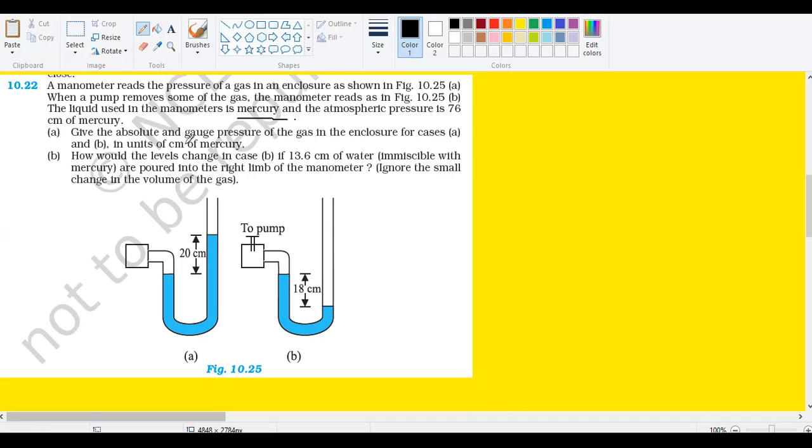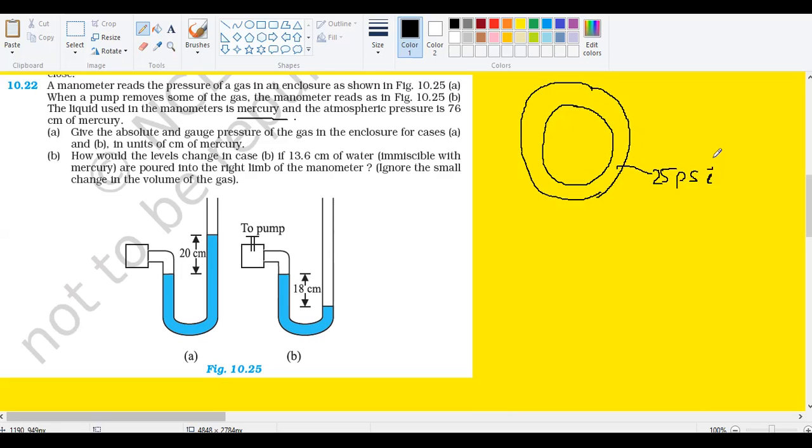You see, I was thinking this concept is not there, but it is actually there. So absolute and gauge pressures are there. As I told you, somewhere in your theory, when you are measuring some pressure, for example, when you are going to fill the tires in a two-wheeler or a four-wheeler, something like, say, I think it will say 25 psi, pounds per square inch.